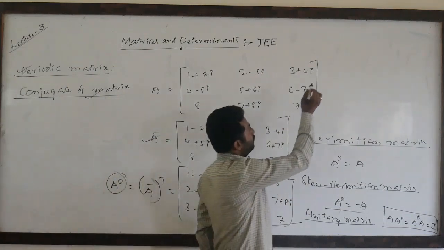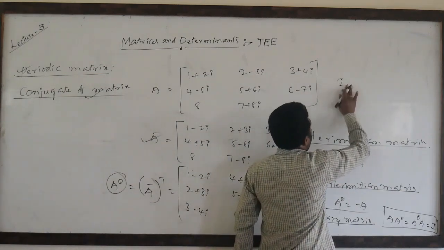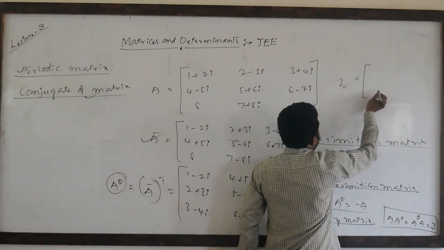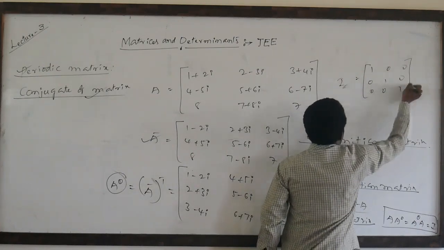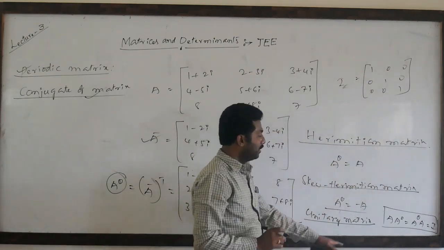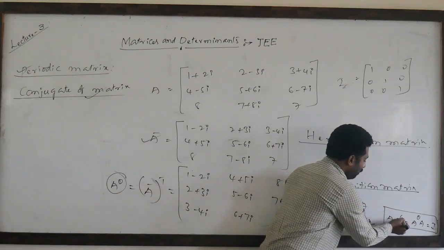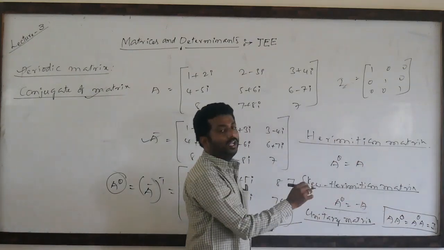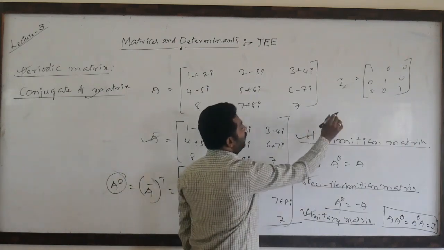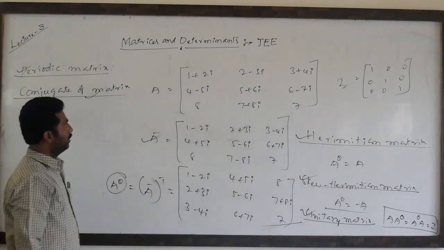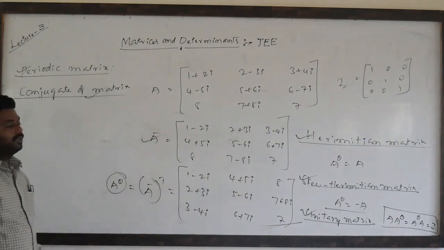What is a unit matrix? That is I n, or I 3 for third order: 1 0 0, 0 1 0, 0 0 1. What is a unitary matrix? A into A power theta equals A power theta into A equals the identity matrix. So these are the definitions of Hermitian, skew Hermitian and unitary matrices.